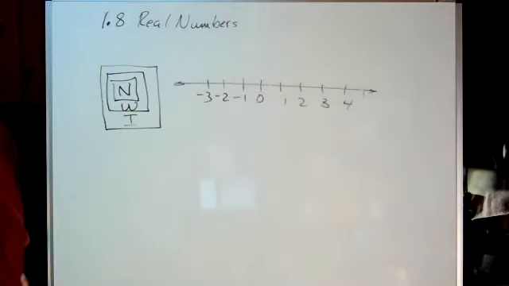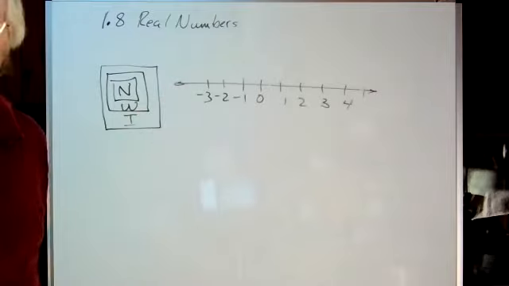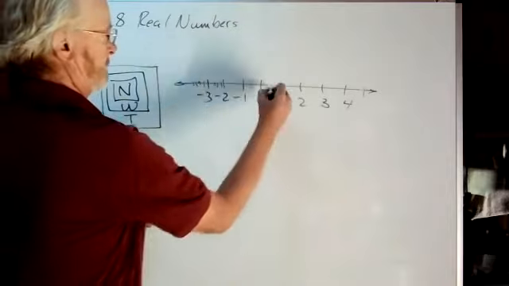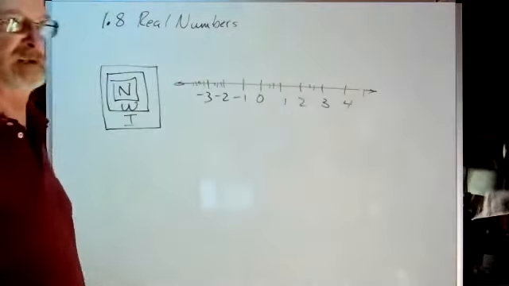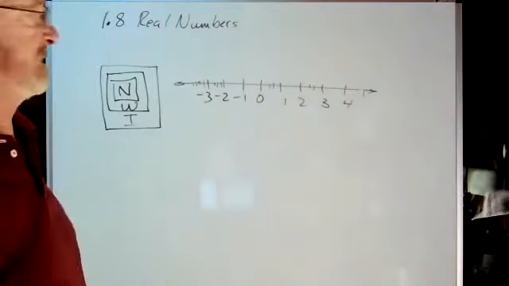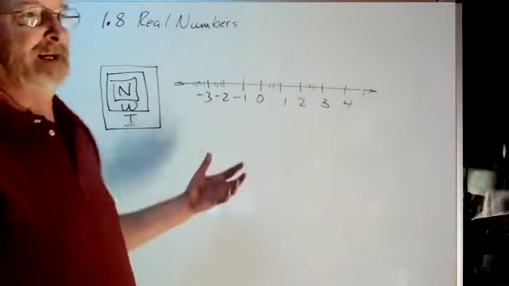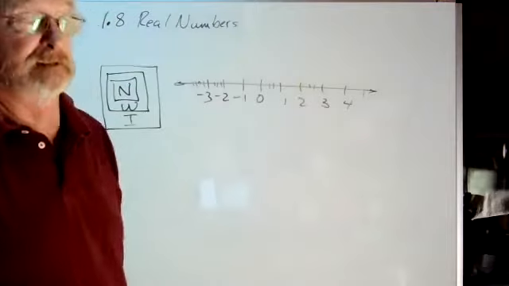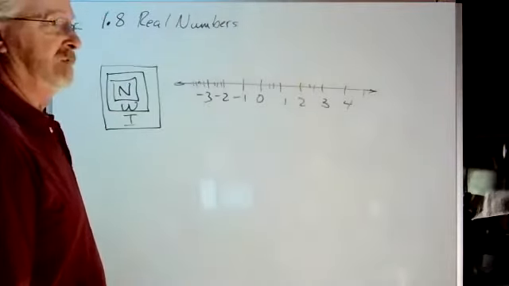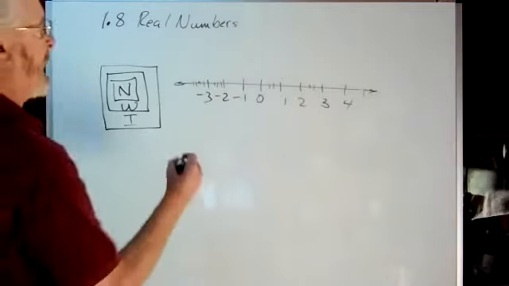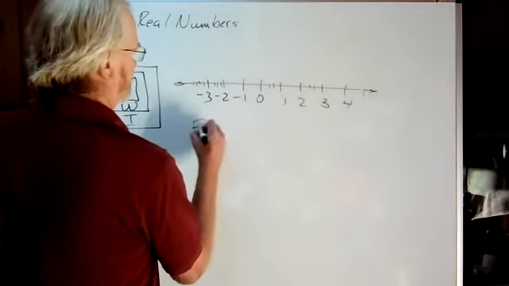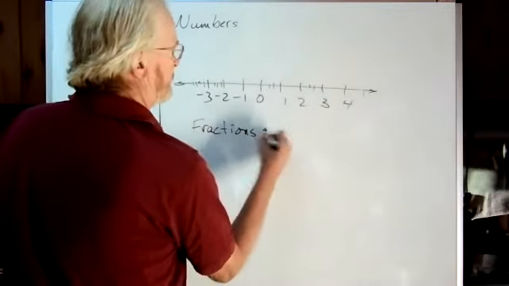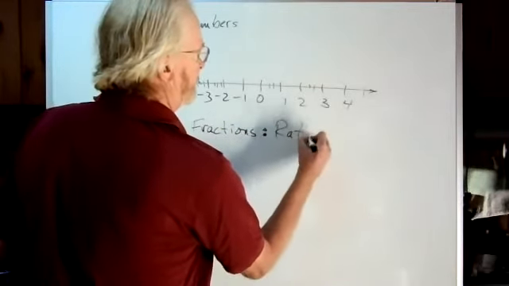Well, then we started doing some division and stuff, and we ended up with fractions, numbers in between those nice big whole numbers or their opposites. So our expanded set of numbers now includes fractions. A fraction is referred to as a rational number. That's the set.